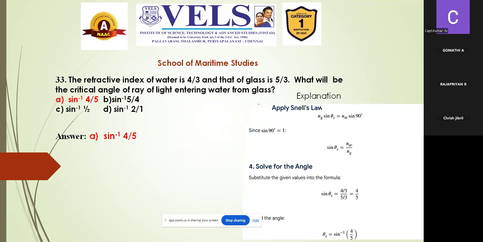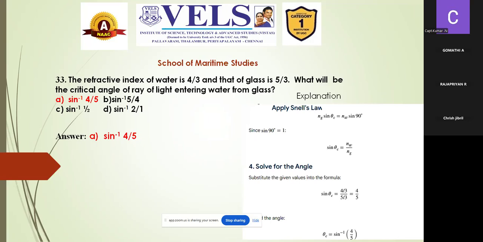Here they have given two mediums, water and glass. So the formula is sin C is equal to mu 1 by mu 2. Mu 1, the refractive index of water, is equal to 4 by 3. Mu 2, the refractive index of glass, is equal to 5 by 3.